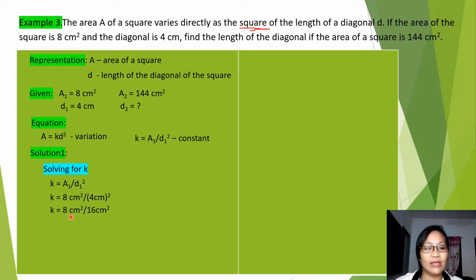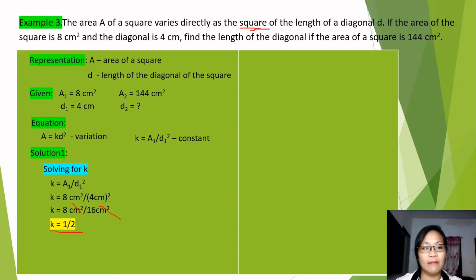So we have now 8 centimeters squared all over 4 squared is equal to 16, and then centimeter squared is centimeter squared. Then after that, cancel centimeter squared and centimeter squared. Then 8 over 16. So 8 over 16 are both divisible by 8. So 8 divided by 8, we have 1. And 16 divided by 8 is 2. Therefore, we have K is equal to 1/2.